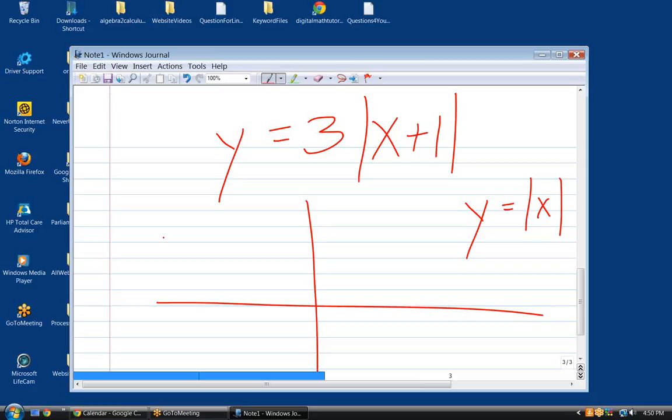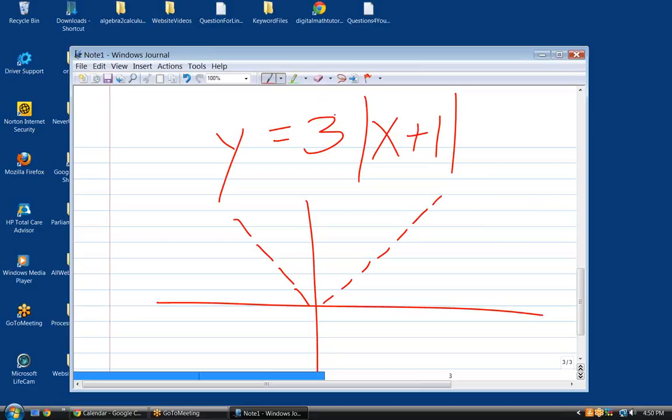Okay? So I'm going to, in a dotted line, graph the parent function, because this function that I gave you is merely a transformation of the parent function. How so? Two things going on. What's one of them? You're multiplying the absolute value.